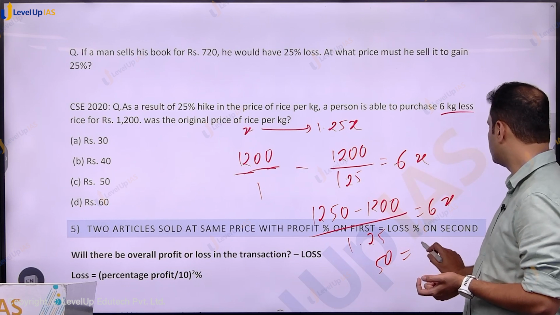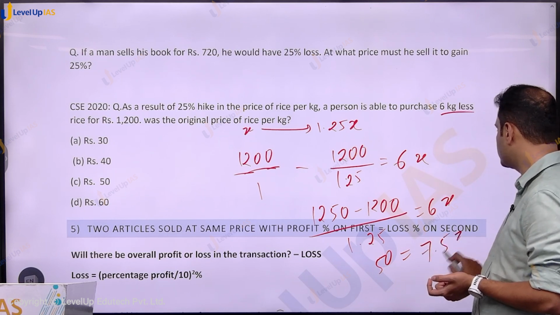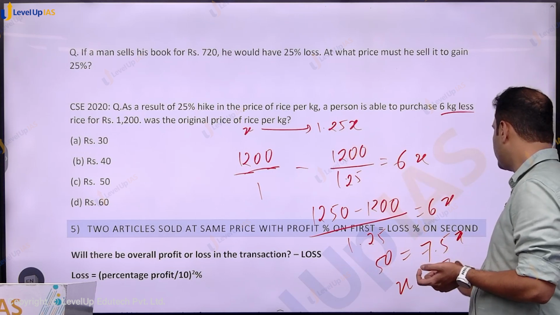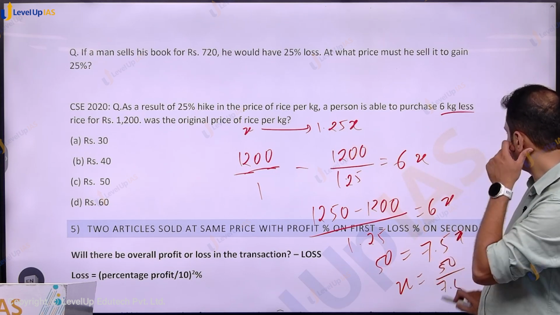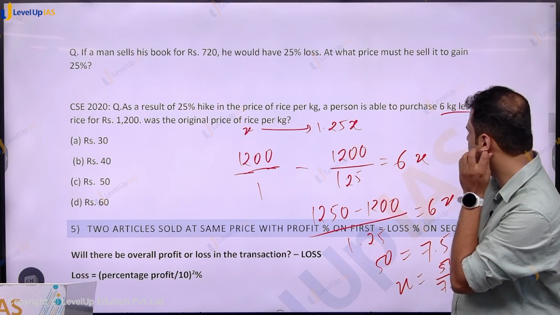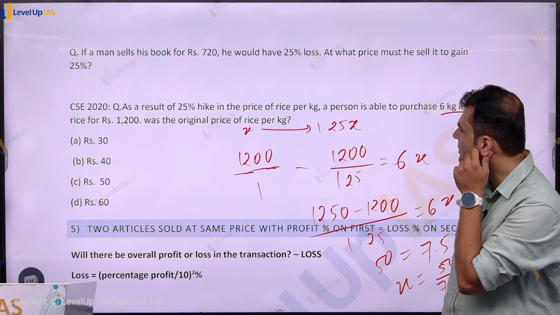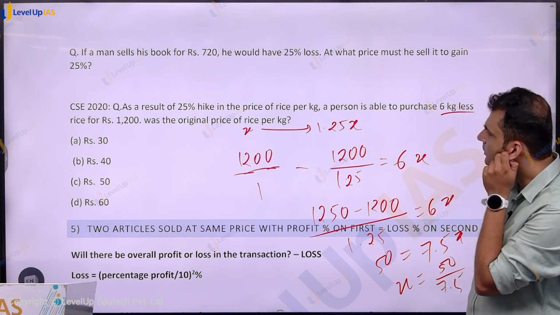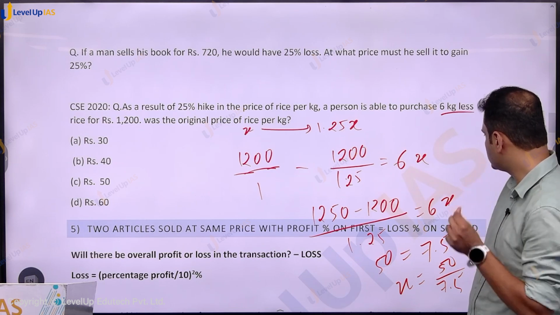It is 7.5X. So X, the original price per kg, is 50 divided by 7.5. I hope I have not made any mistake in the calculation, or have I? It seems that I have made a mistake somewhere.